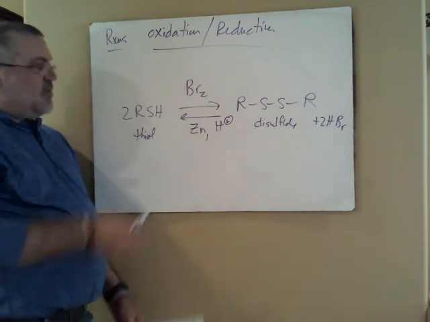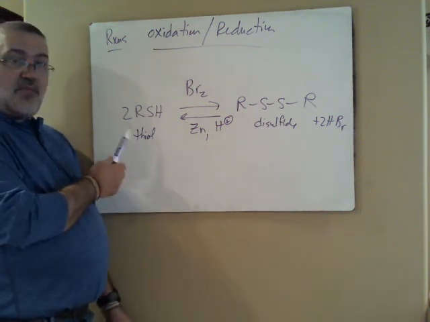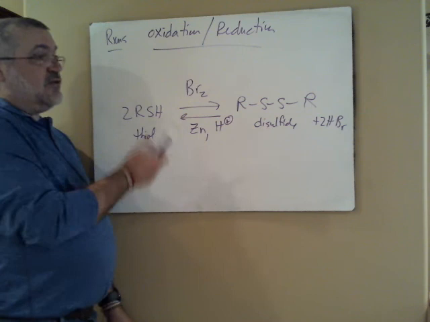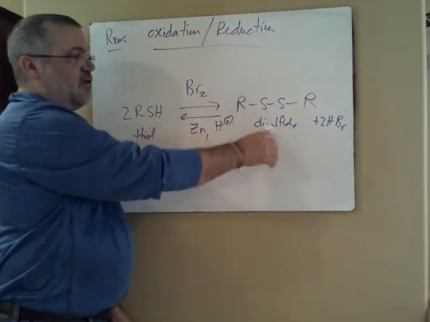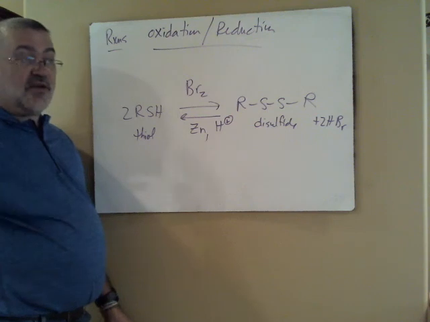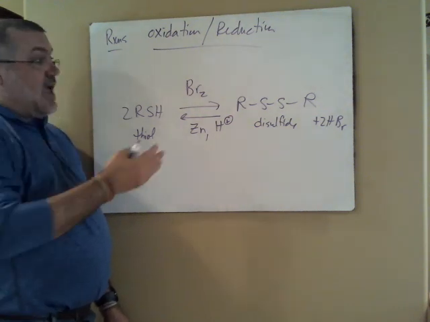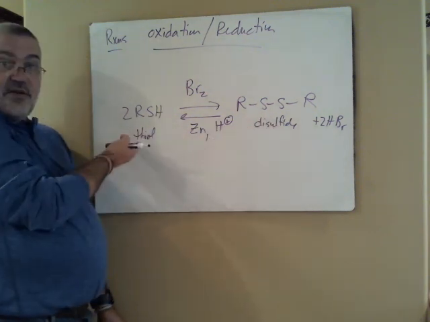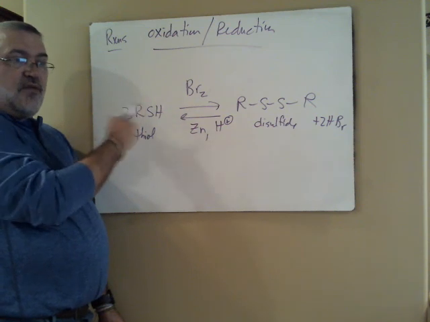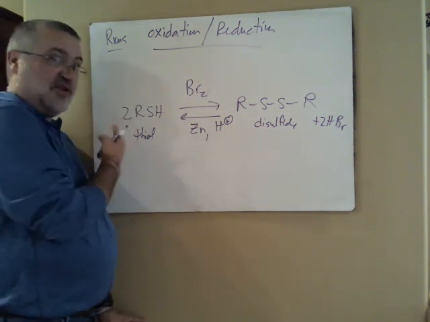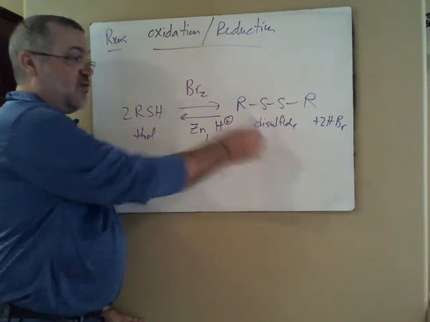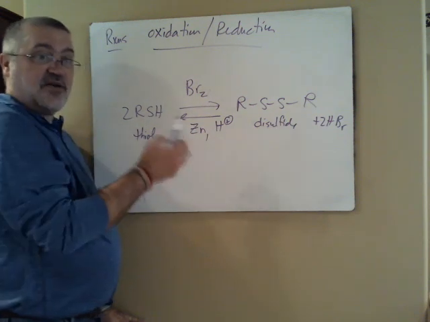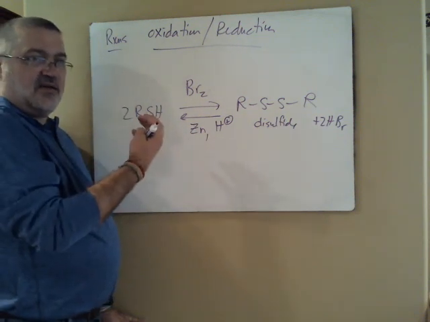But it's also the chemistry that's used for hair permanence. Believe it or not, a little extra aside, because your hair has tertiary structure, right? There are disulfide bridges within the proteins in your hair. When you get a permanent done, basically they break the disulfide bridges and then you reform the hair in whatever position you want it to stay in, forming different disulfide bridges so the hair retains that shape.